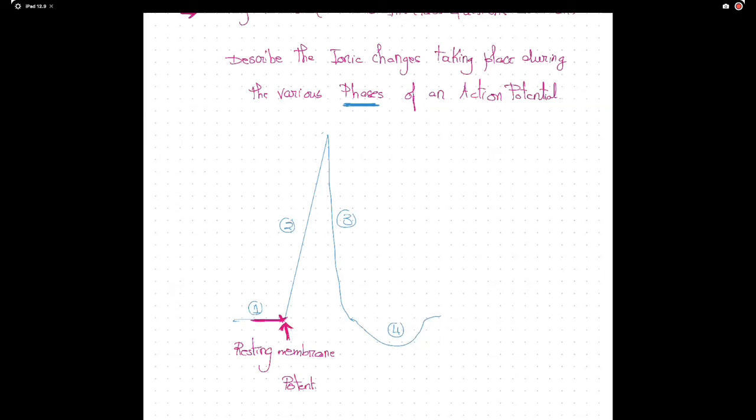What did we call the second phase of the action potential, in which the cell membrane becomes more positively charged, going up? What do you think? I've lost my resting membrane polarity, so we call it depolarization.